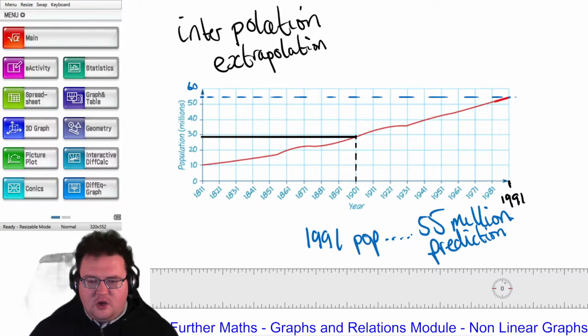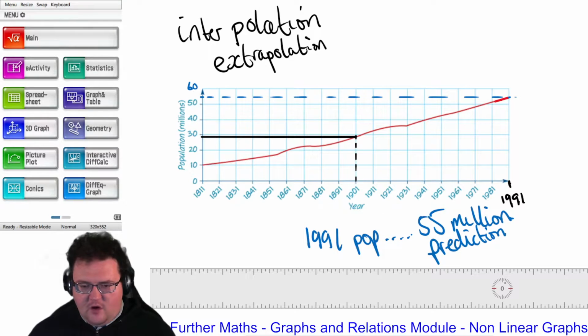So if you were to look at the census data for Australia, you might find that, I'm just going to use the same axis here because this is already neatly divided. But we started off with data here, data here, data here, and it slowly accelerates up over the years.